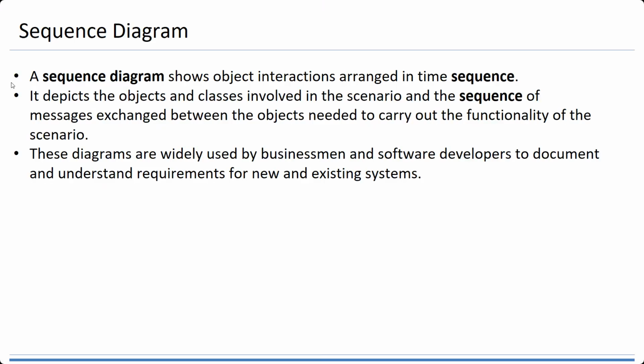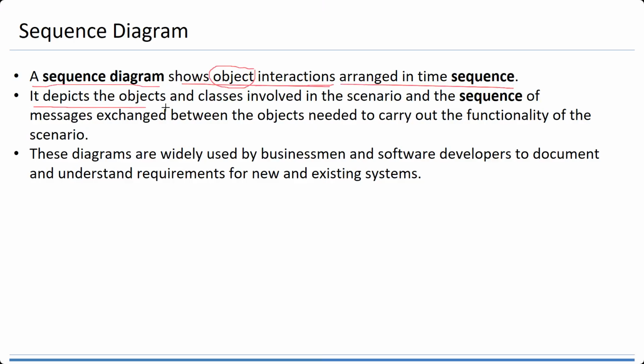So the sequence diagram. We call it sequence diagram. It is to show the interaction, or we call it object interactions, arranged in the time sequence.